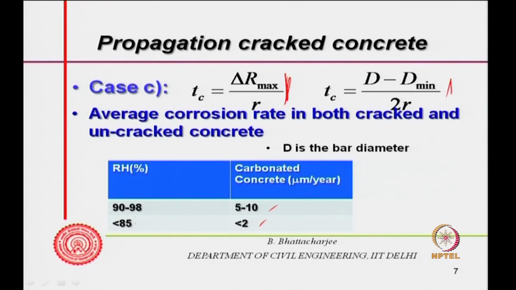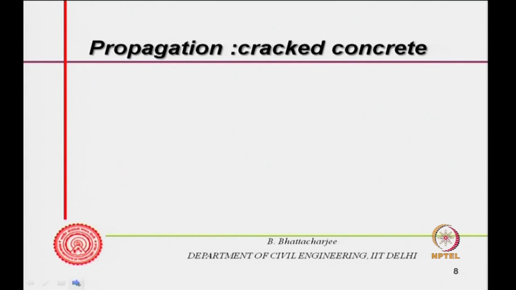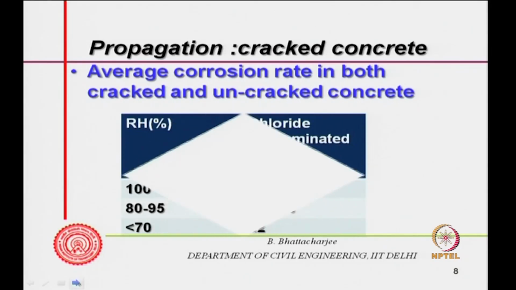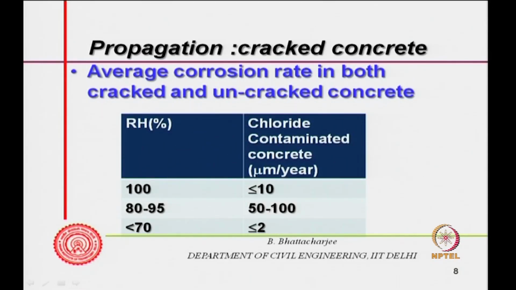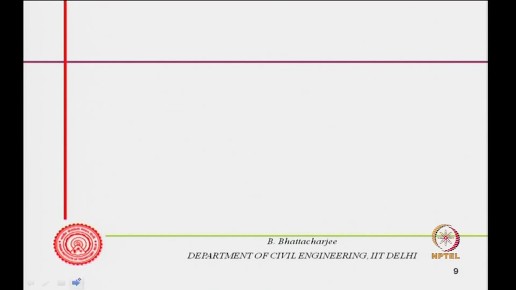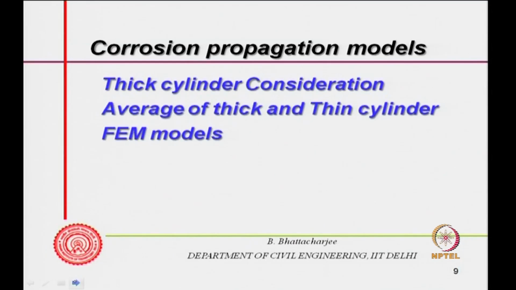For carbonated concrete, for 2 cases it is shown, for other cases these values are available. So, some guidelines it gives you, and this is in the chloride situation; average corrosion rates are given for different relative humidities to be used in this formula for cracked concrete, the concrete which is already cracked. Now, basically cracking of cover concrete is an important issue, and it can be modeled.